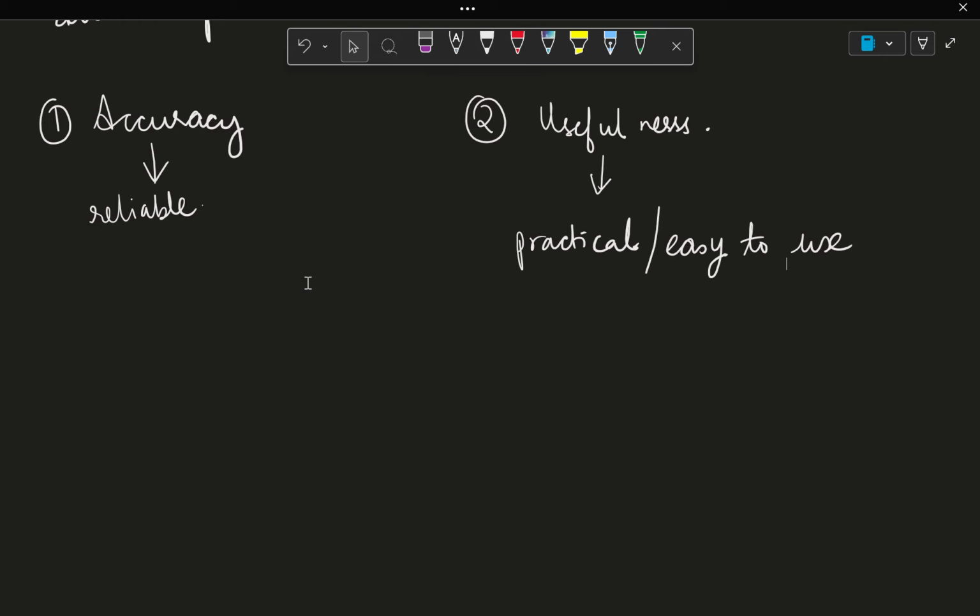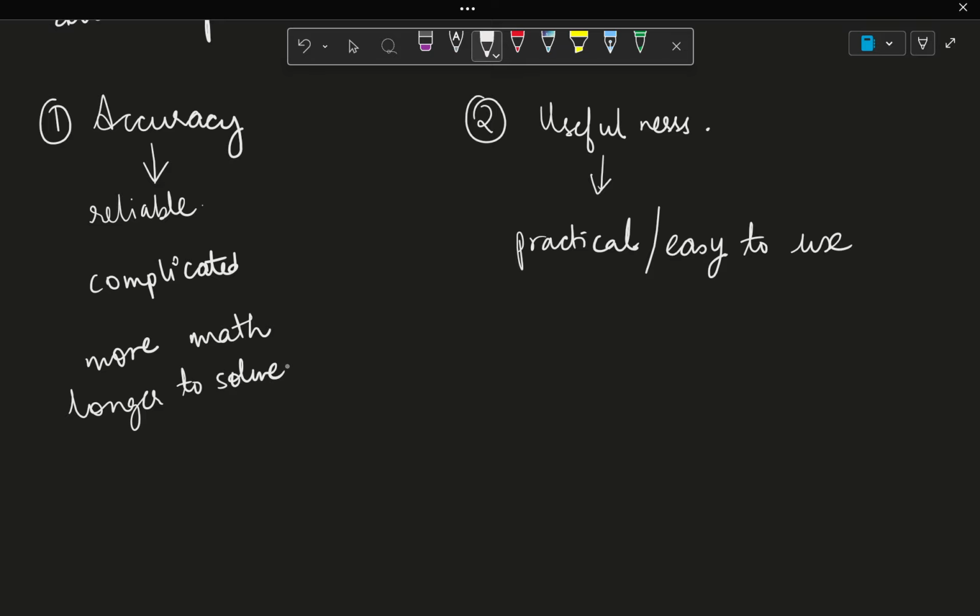The more accurate models are usually more complicated, require more equations, more math, and take longer to solve by virtue of having more complicated mathematical equations. And simpler models are easier to solve but often less accurate because they may be oversimplified.